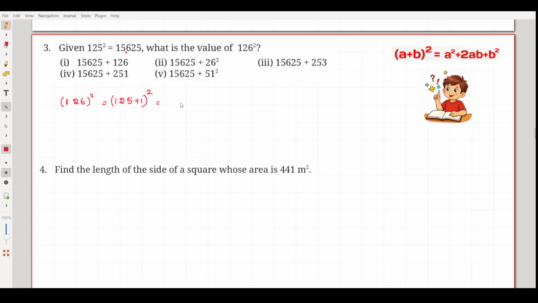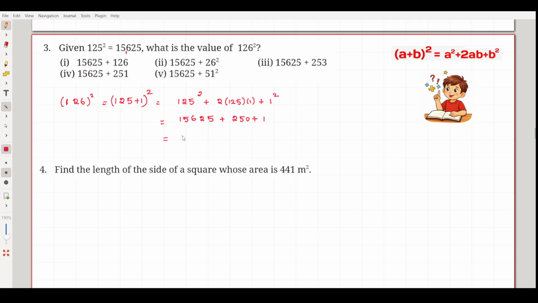Now we can apply the formula. a square means 125 square, plus 2ab, that is 2 into 125 into 1, plus b square, that is 1 square. So 125 square is already given in the question, 15,625, plus 2 into 125 is 250, plus 1 square is 1.